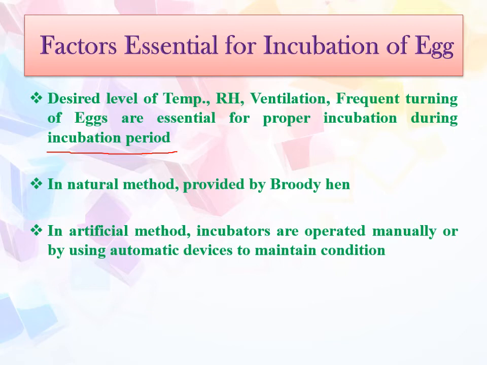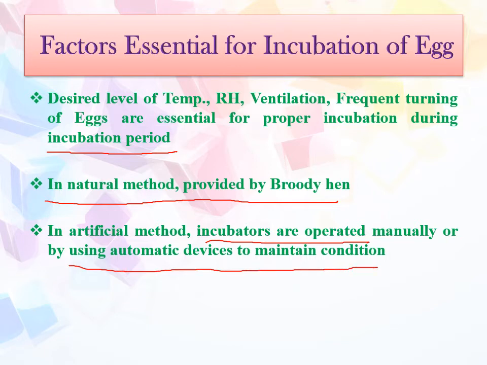In the natural method, these factors are provided or maintained by the broody hen, and in the artificial method, incubators and hatchers are operated either manually or by using automatic devices to maintain the conditions of proper temperature, humidity, etc. Nowadays, the modern hatchery with modern incubators and hatchers has all the automatic devices to maintain the internal temperature, humidity, ventilation, and turning of eggs at desired levels to get a higher percentage of hatchability.